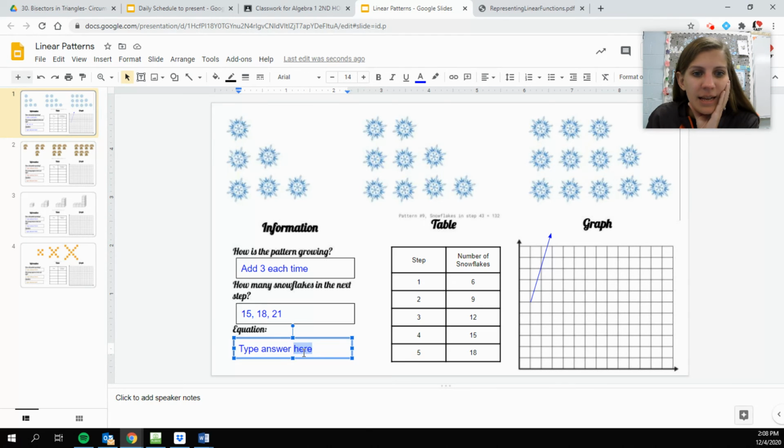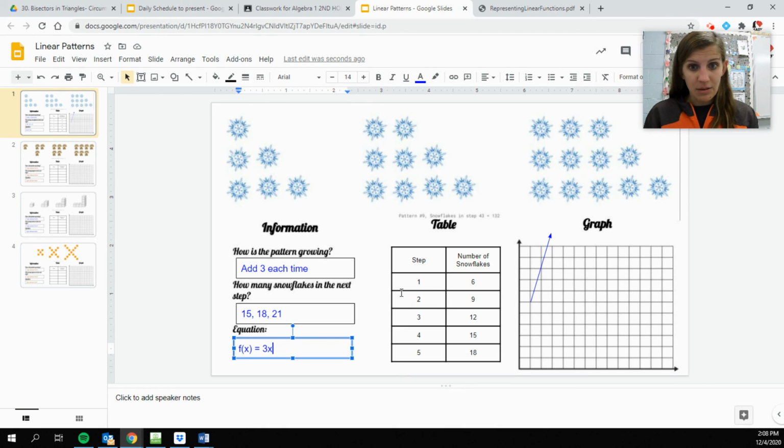And so then when I want to think about the equation now, because we're adding 3 every time, we would write our f of x equals 3x, because we're timesing by 3, or we're adding 3 over and over, which means times by 3. And then I just got to make sure that it makes sense. So if I plug in number 1, like the first step, 3 times 1 is 3, which isn't 6.